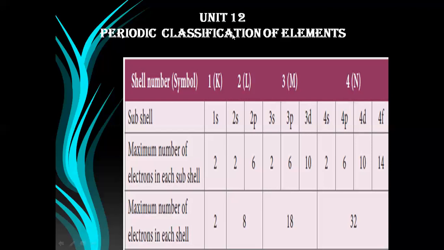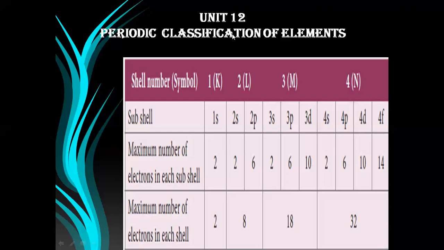The K shell has 2 electrons, the L shell has 8 electrons, the M shell has a maximum of 18 electrons, and the N shell has a maximum of 32 electrons.